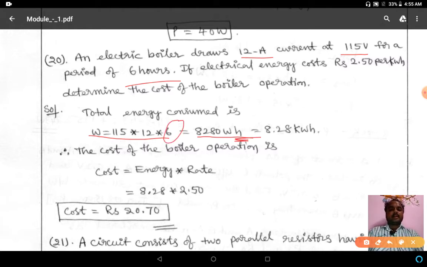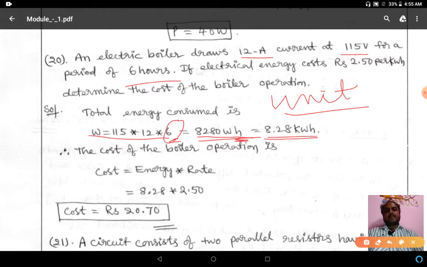The watt hour is the unit of electrical energy consumption. Converting into kilowatt hours, that is 8.28 kilowatt hours, so we are consuming 8.28 units in 6 hours.